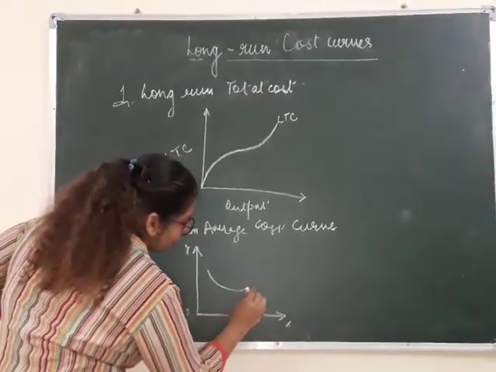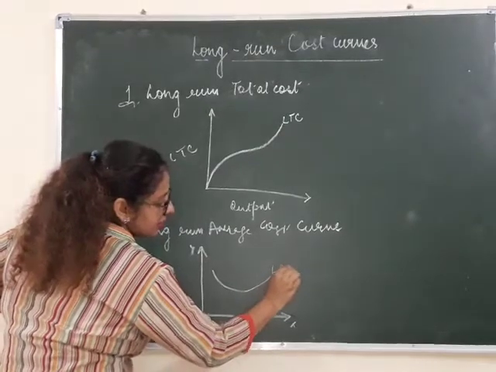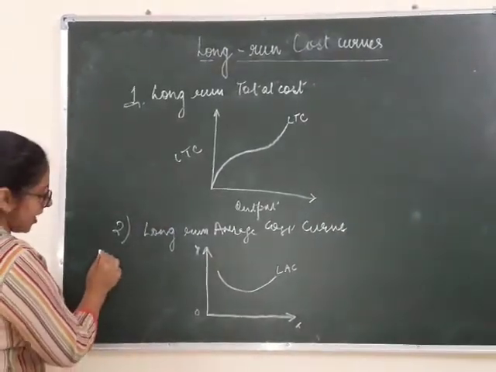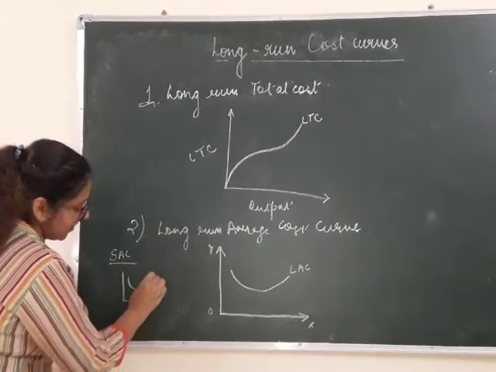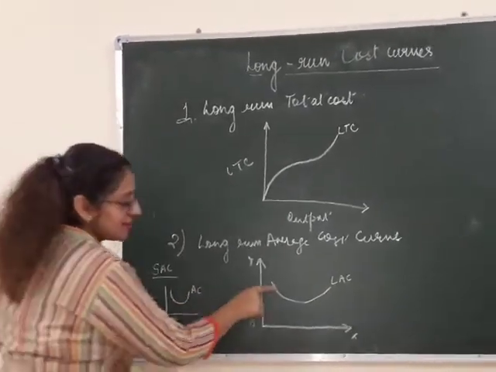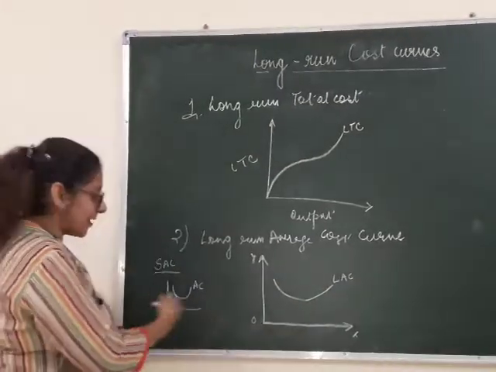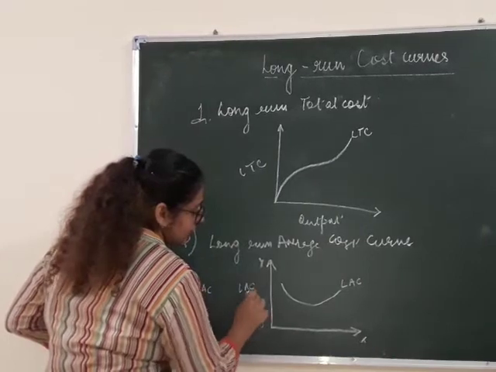It is U-shaped, but it is flatter than the short run average cost curve. In the short run, the U-shaped curve is like this. This is slightly flatter than the shorter one. So this is your long run average cost curve.